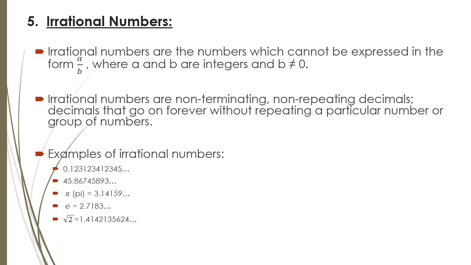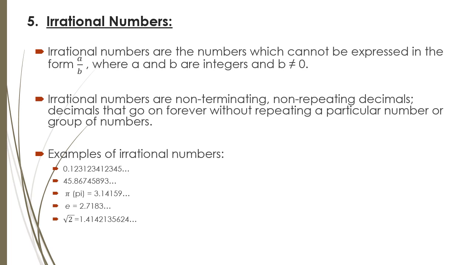In the same way, we have one more number like pi, which is e. The approximate value of e is given by 2.7183 and so on, where no particular number or a group of numbers is repeating. That's why e is also an irrational number. The next example is square root 2.